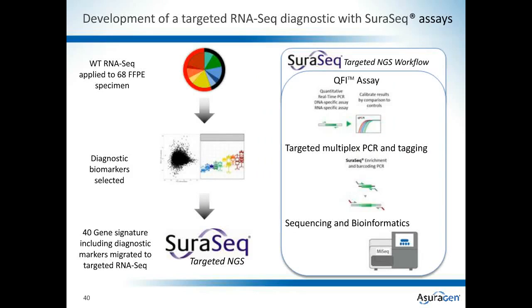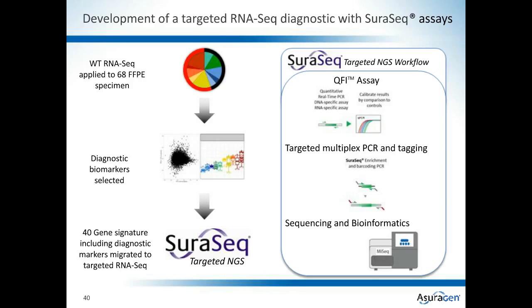As a case study to illustrate this migration path from whole transcriptome discovery using RNAseq and FFPE samples, and the migration of the signature derived from that study to a targeted RNAseq assay, here we have a cohort where we selected 25 diagnostic biomarkers to distinguish benign from malignant lesions in thyroid cancer.